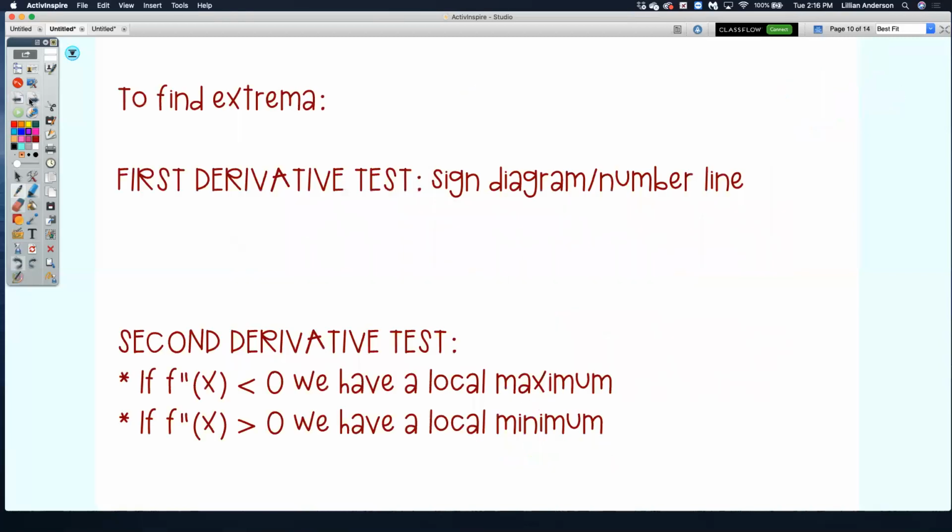All right. So to find extrema, to find those maximums and minimums, remember we have our first derivative test. That's when we made the sign diagram, the number line, right? That's when we set the first derivative equal to 0. We find those critical values. That's when we put those critical values on a number line.